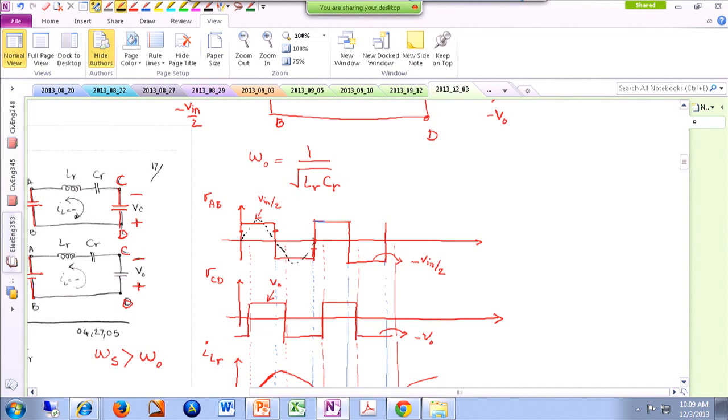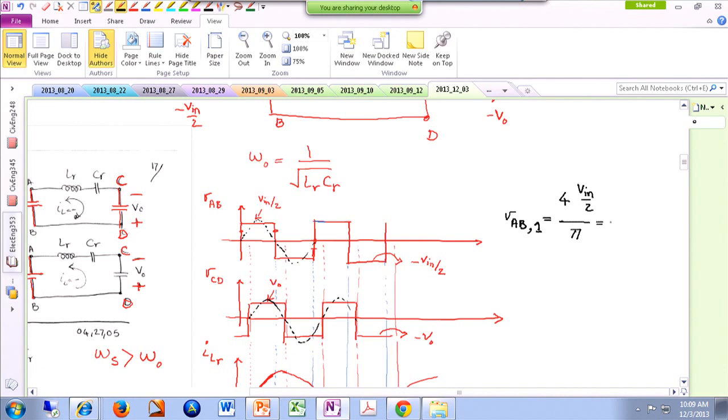And instead of VCD being a square shape, you can see it has a fundamental harmonic. So what is the amplitude of this fundamental harmonic? The 1 means we are only focusing on the fundamental harmonic. And this turns out to be, remember, if you have a square shape, it's 4 times the amplitude over n pi, where n is 1, so it's actually just pi.